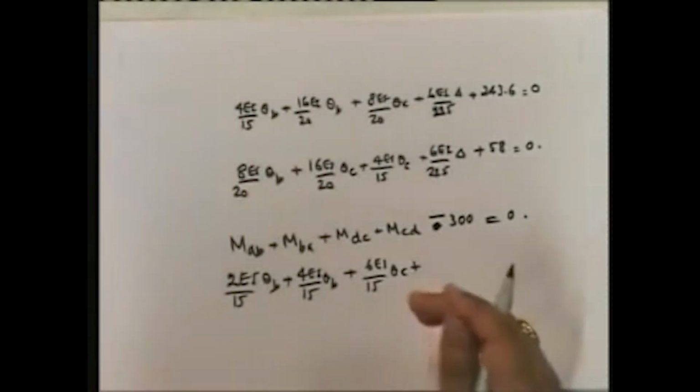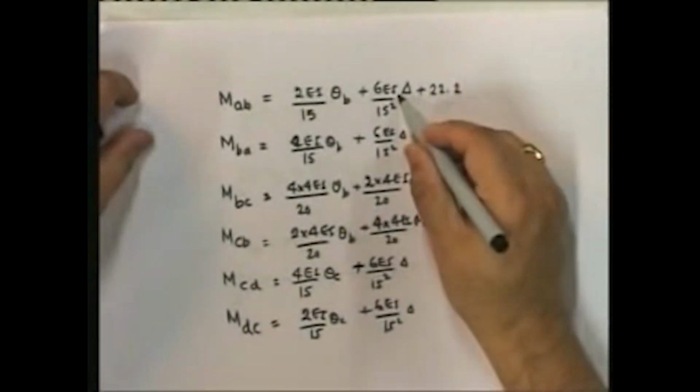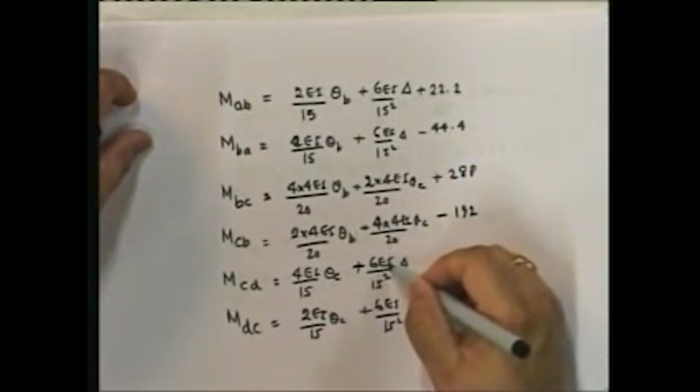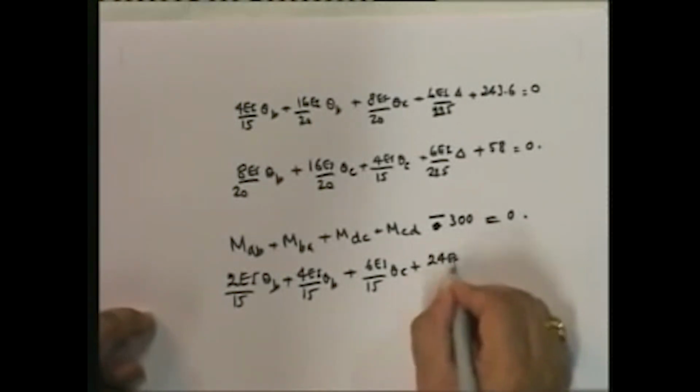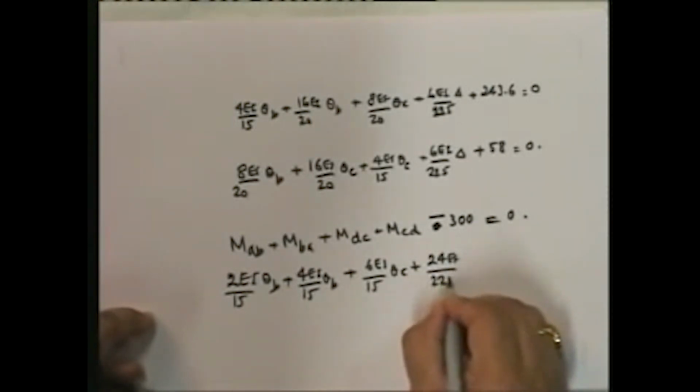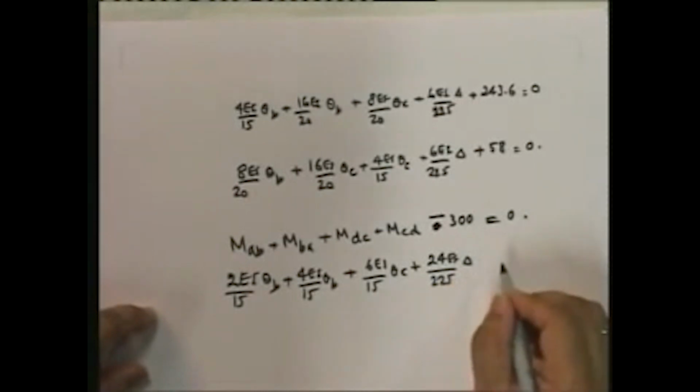Let me just go back. MAB has 6 plus 6, then I have MCD has 6 plus 6, so this is going to become equal to 24 EI upon 225 delta.